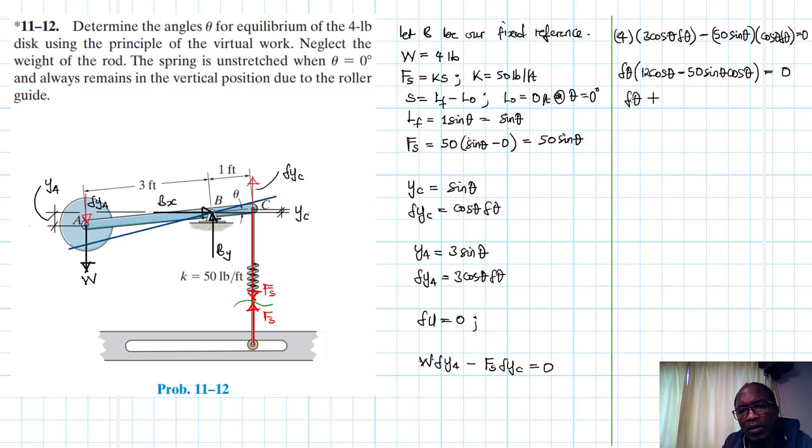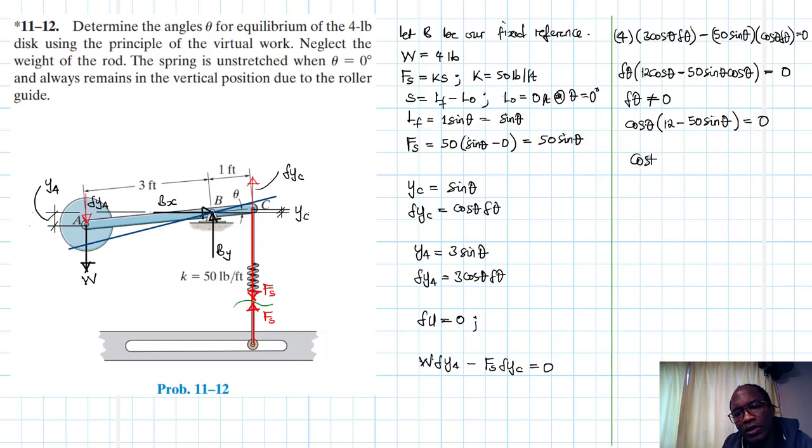We know that del theta is not going to be equal to 0. The only part that can be equal to 0 is this. We can write this as cos theta times 12 minus 50 sin theta equal to 0.